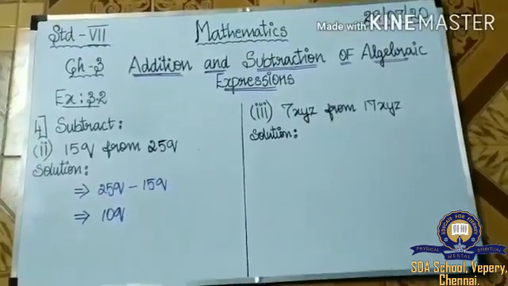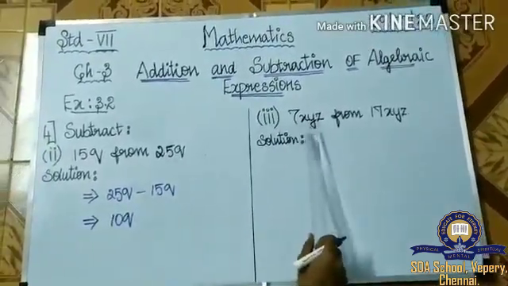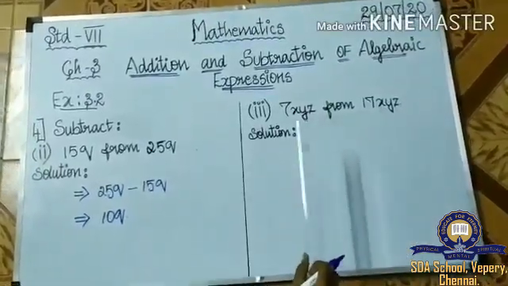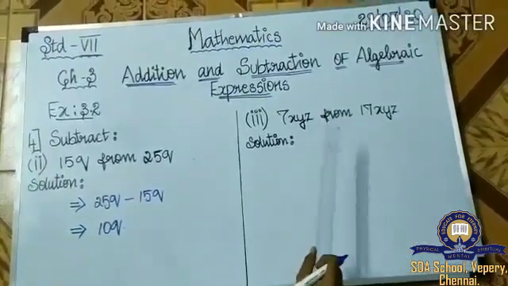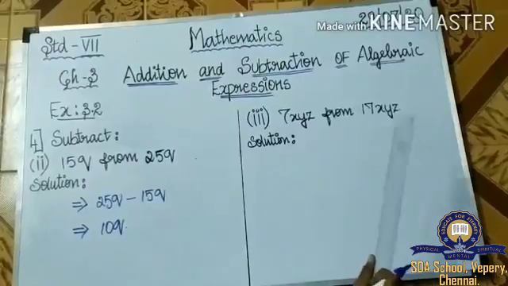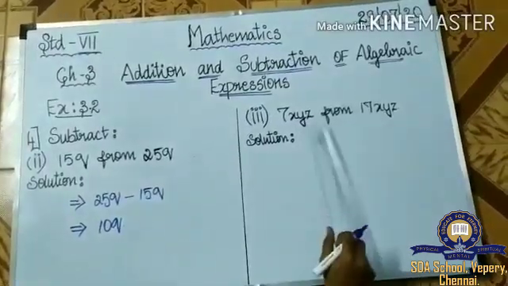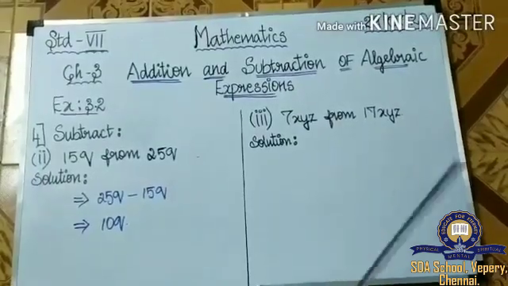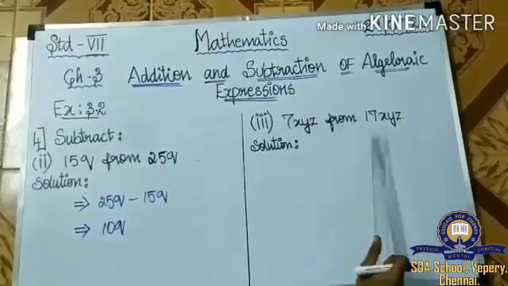Let's move on to the third sum: 7xyz from 17xyz. The first step is we find the like terms. Here we have the same variables, so the two are like terms. The like terms condition is satisfied. The second step is we are going to subtract.